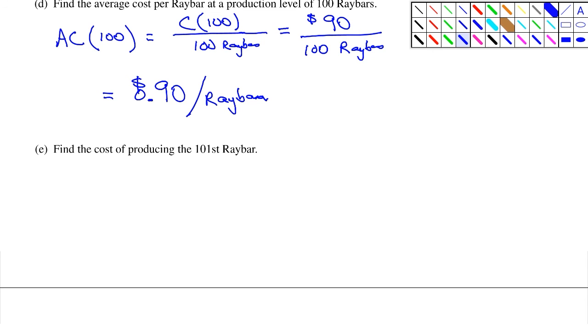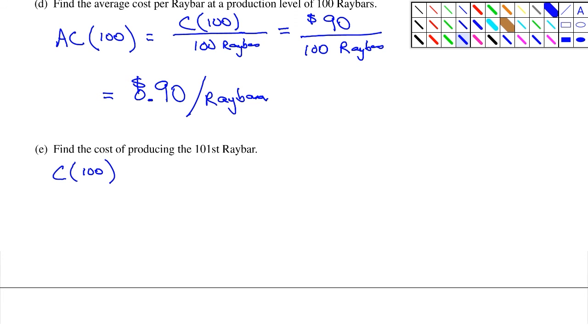It's not a constant. Finally, let's look at part E. Find the cost of producing the 101st ray bar. So it's not asking for the cost of a total of 101. It's find the cost of that particular candy bar, that 101st one. Now here's what's happening.